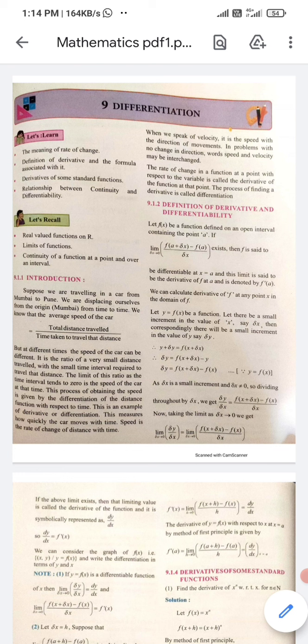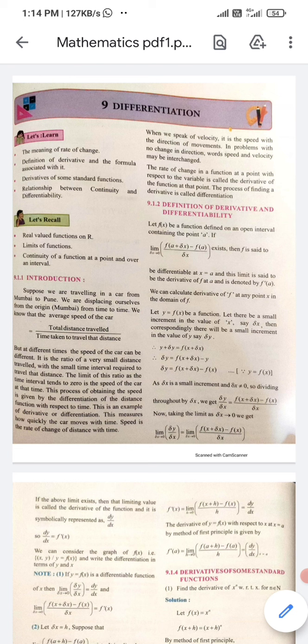By using the first principle method, f dash x is equal to the limit h tends to 0 of f of x plus h minus f of x divided by h. So f dash x is the limit h tends to 0 of (x plus h) raised to n minus x raised to n upon h. We substitute f of x plus h and f of x.